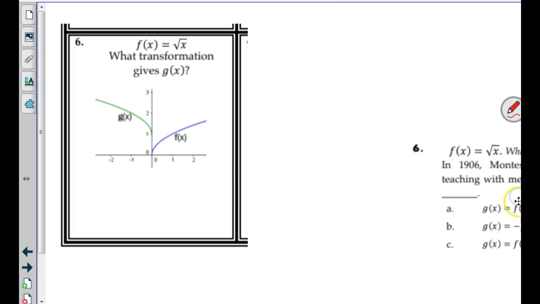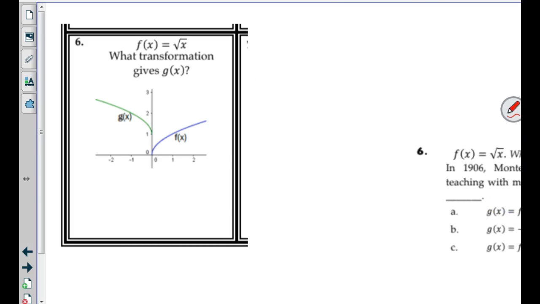All right. I'm going to move the choices off of this screen and see if we can figure out what happened here. Can you figure out if the f of x is the blue one again? It went up, right? But it also reflected over which axis?